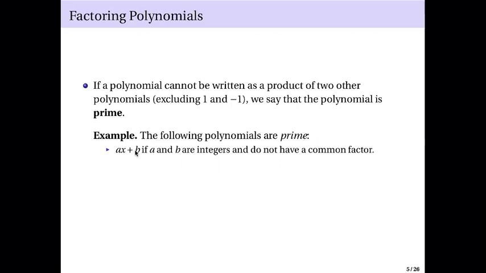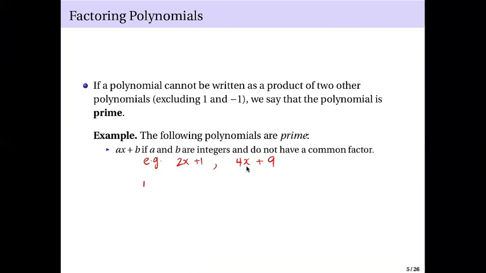For example, you have 2x plus 1, or maybe 4x plus 5, 4x plus 9, let's say plus 9. So ax plus b and the coefficients a and b are integers here and they do not have a common factor. 2 and 1 do not have a common factor. 4 and 9 do not have a common factor. Okay, so these are prime.